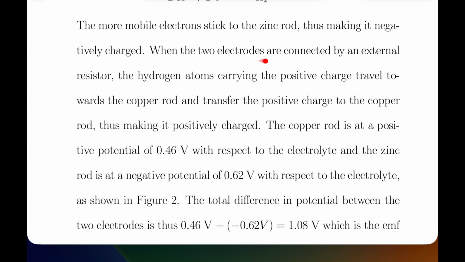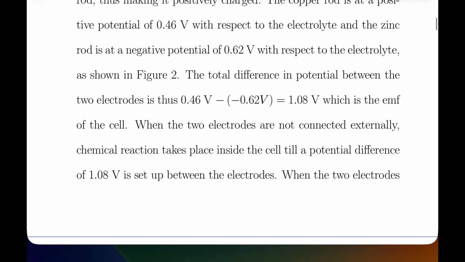When the two electrodes are connected by an external resistor, as shown in figure 1, the hydrogen atoms carrying the positive charge travel to the copper rod and transfer the positive charge to the copper rod, thus making it positively charged. The copper rod is at a positive potential of 0.46 volt with respect to the electrolyte, and the zinc rod is at a negative potential of 0.62 volt with respect to the electrolyte, as shown in figure 2.